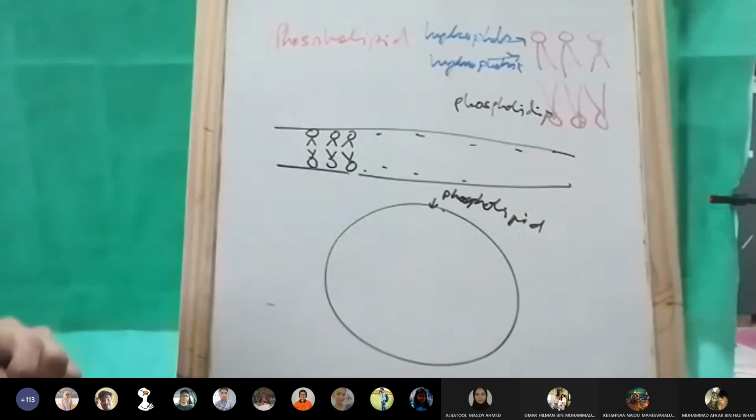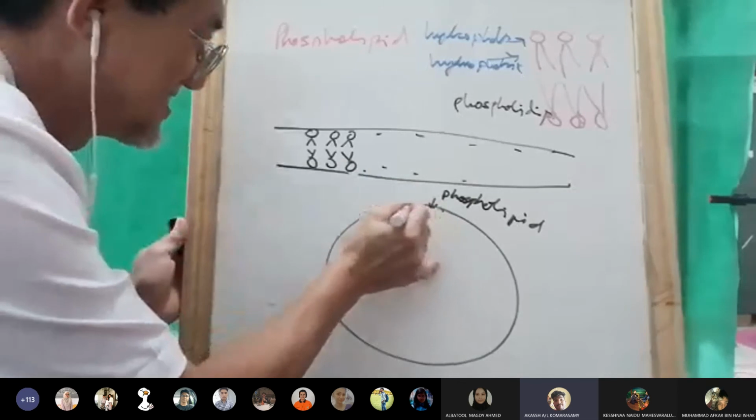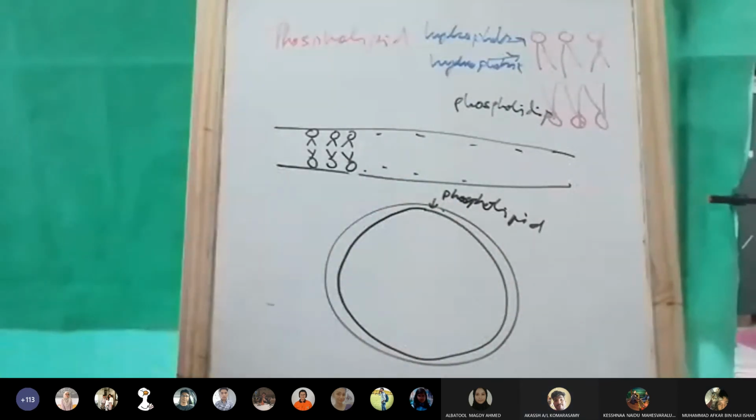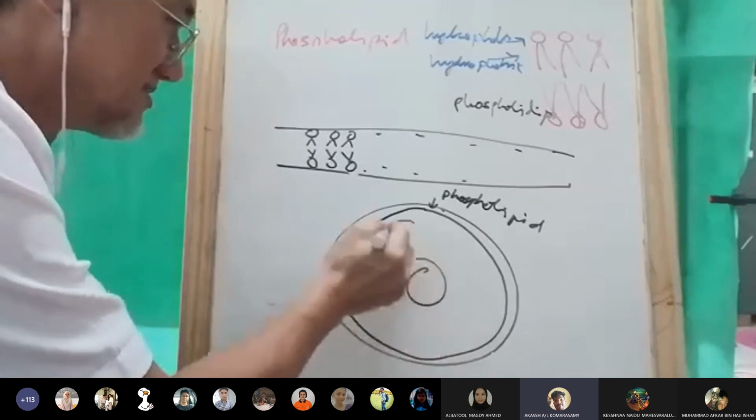Does that mean only one layer, doctor? Two layers. Okay, I can just draw two layers. The cell membrane is two layers, but it's phospholipid only. What will happen to the cell? You can have organelles inside.